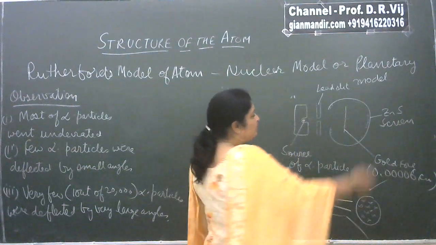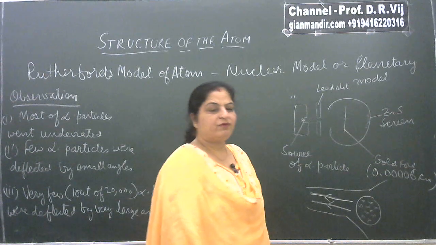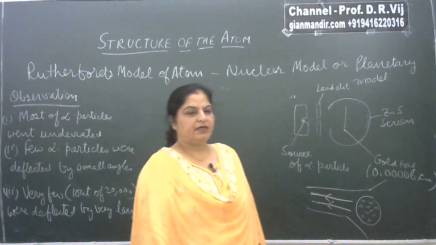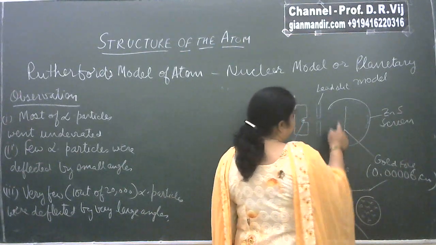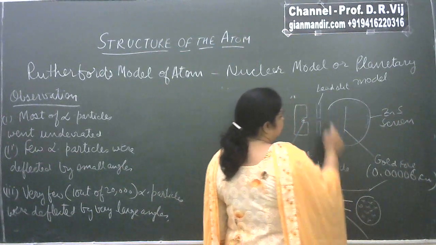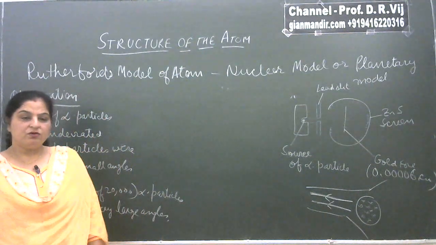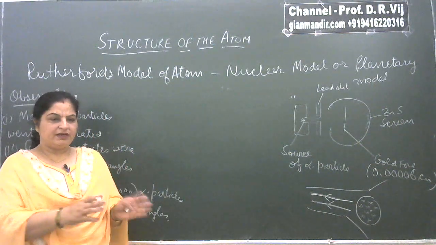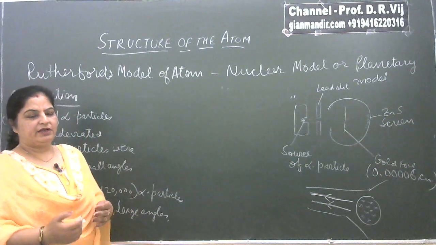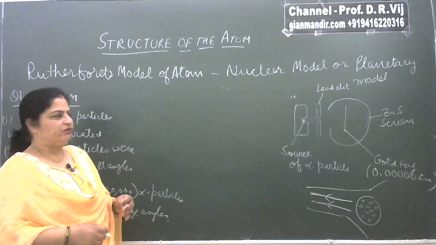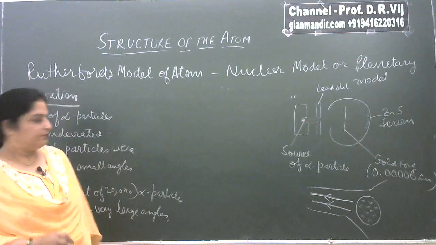Some glow was observed here, which shows that a few alpha particles were deflected by small angles, and very rarely some glow was observed here. This shows that very few, at least 1 out of 20,000 alpha particles, were deflected by a large angle. So you can say they were almost reflected by the gold foil.